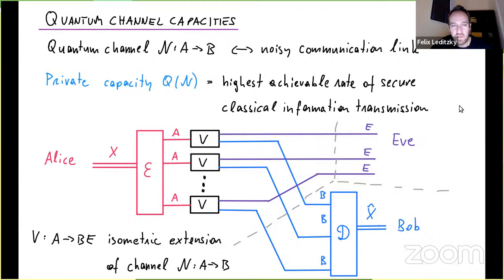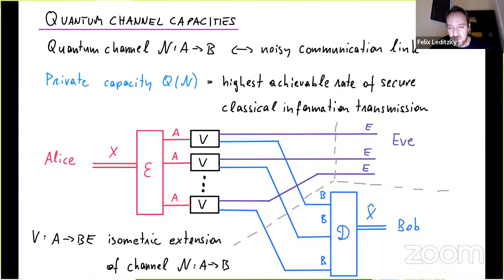The other capacity we look at is the private capacity, where I now want to send classical information in a way that is secure from the eavesdropper. So here Alice has some classical random variable that she wants to encode in a quantum state ensemble. And these ensembles are collections of states defined again on n input systems to the channel. Then they're sent through the channel.